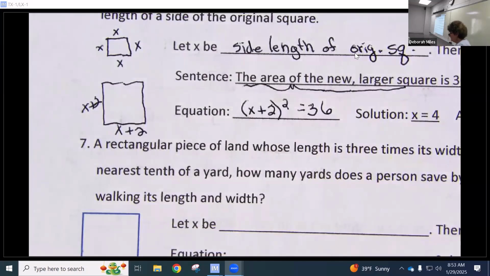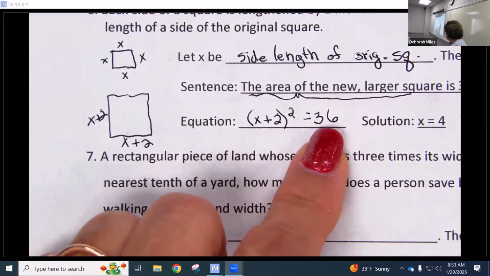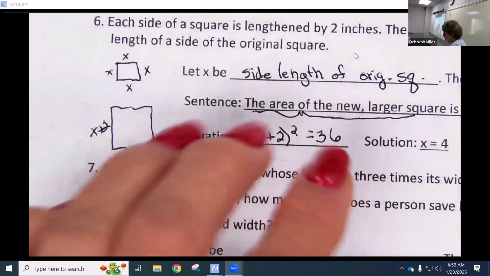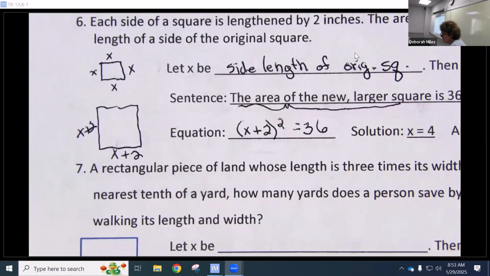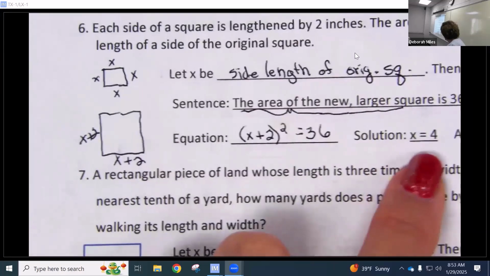What's faster than that? Taking the square root. The square root method would be the fastest way. And when you took the square root of the right hand side, you'd have plus or minus 6. But does negative 6 make sense? No. So x plus 2 equals 6, x equals 4.